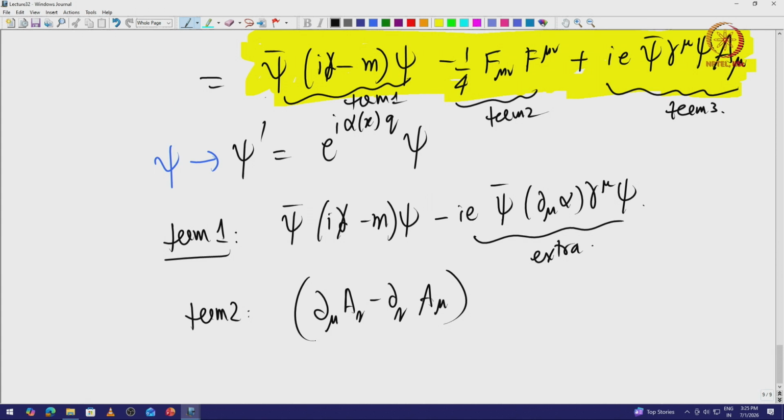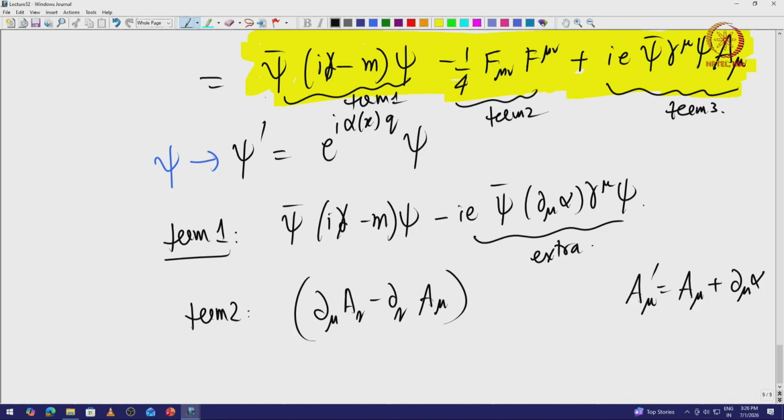Now, I also demand A mu transforms in this way. You can see immediately that this term is invariant under this transformation. If we put del mu del square alpha and then del mu del square alpha, the del square is symmetric, so this cancels.